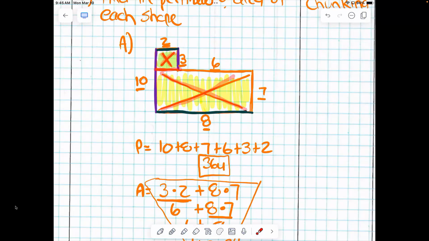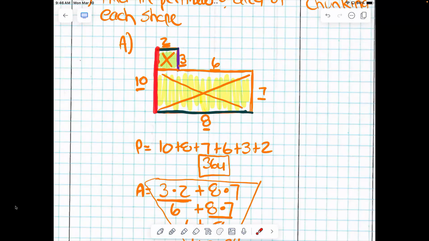I do want to tell you, though, we were missing some measurements in this, because it asked us to find the perimeter, right? Is it possible to find missing dimensions by using given dimensions? So let's just say this is 10 right here.